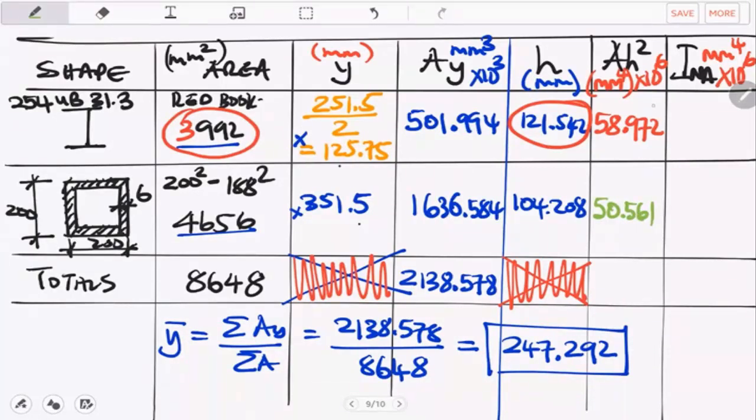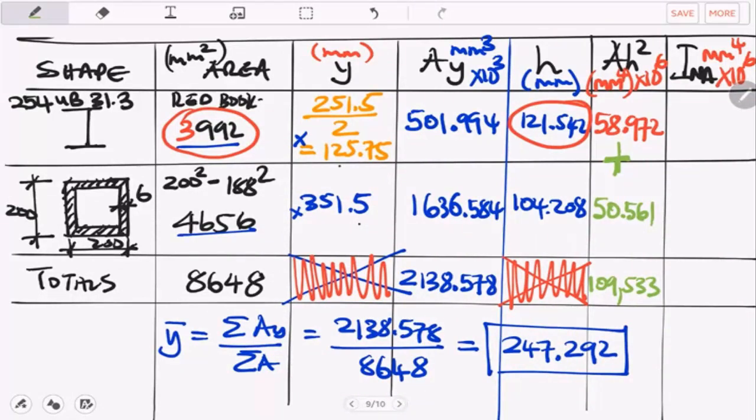Okay, so let's add the 2. We are adding that plus that. What answer do we get? So I get 109.533.